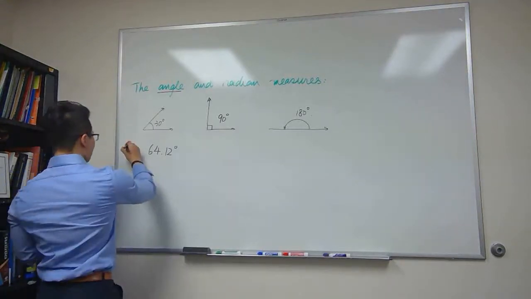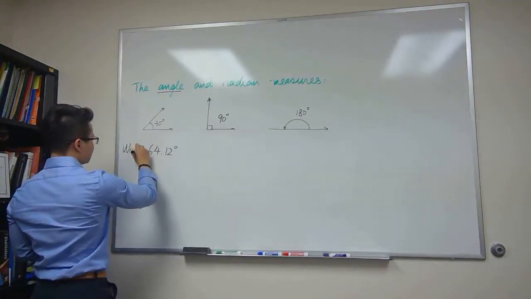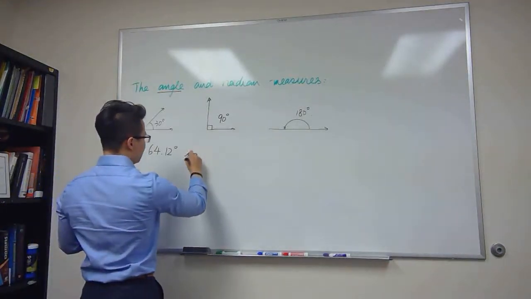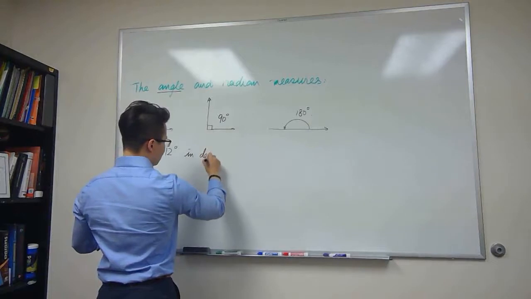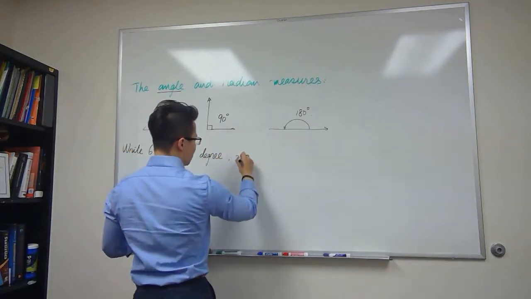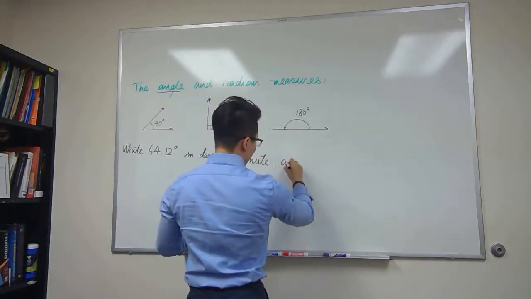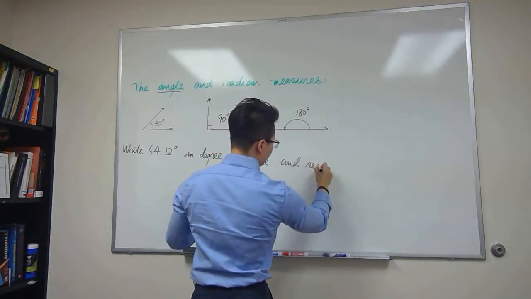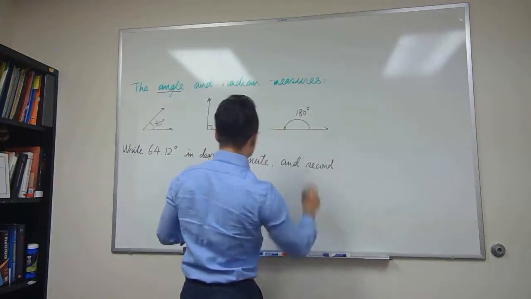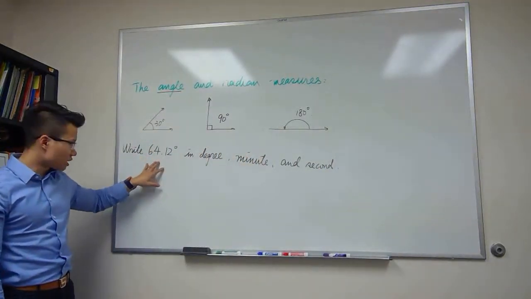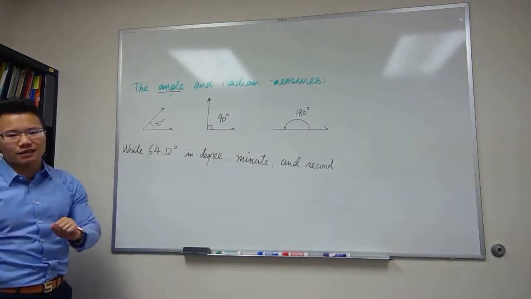So what we're going to do for this one is to write 64.12 degrees in degrees, minutes, and seconds. Okay, so that's what we're going to do. It's to write this decimal degree into minutes and seconds.